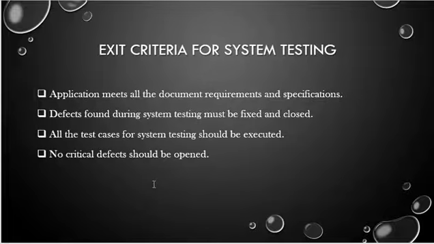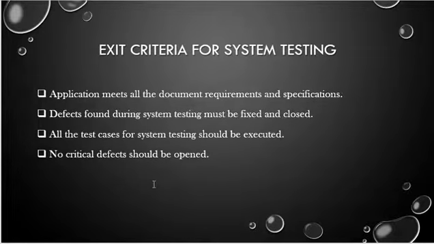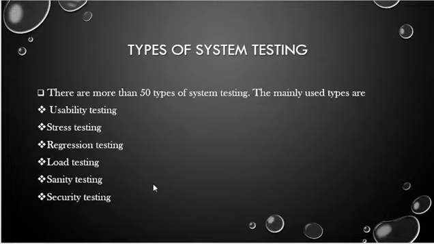Okay, so these give you my entry and exit criteria for system testing. Now you know what is system testing, why we need system testing, and what the entry and exit criteria for system testing are. Now the next step is what the types of system testing are. Usually in the market there are more than 50 types of system testing.